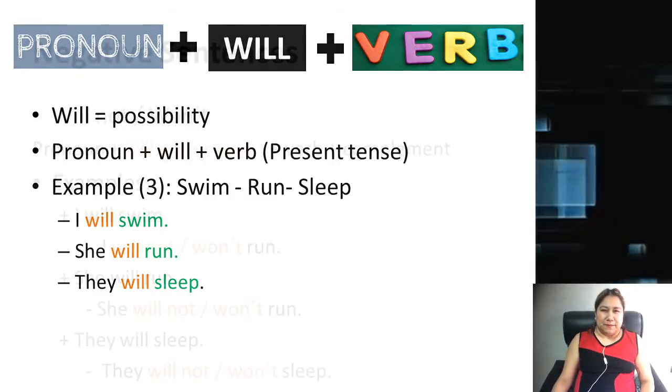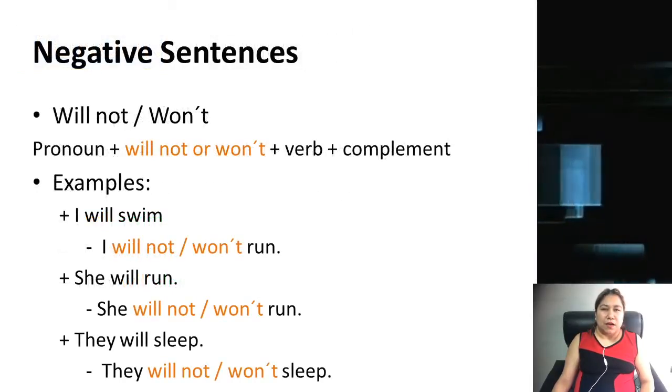Negative sentence: will not or won't. We use a negative sentence when we want to refer to an activity that we are not going to do in the future. It means that you don't want to do it, you are not interested in it, or it doesn't matter to you. In this case, you have to use the next structure.